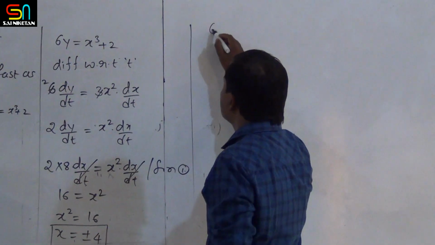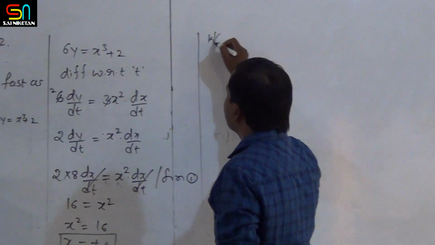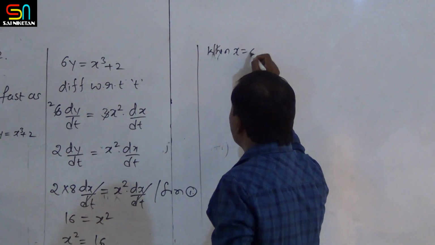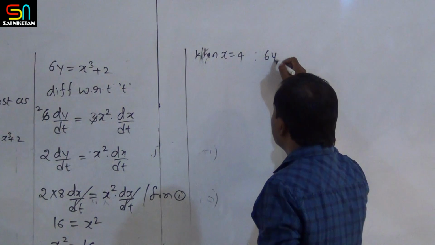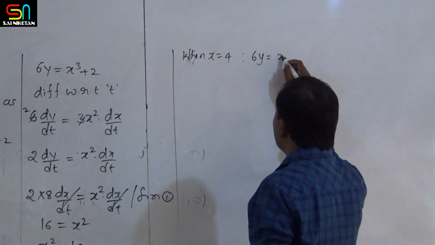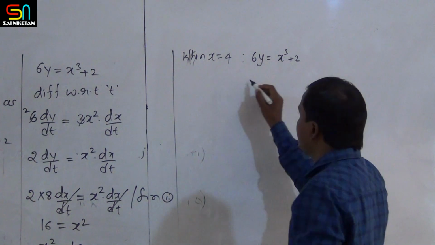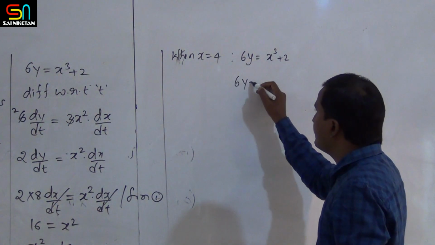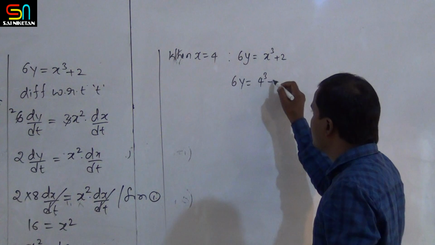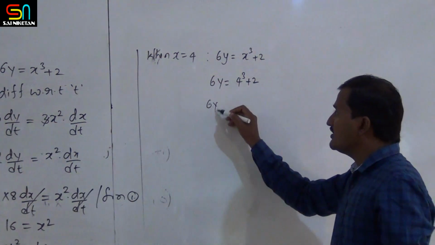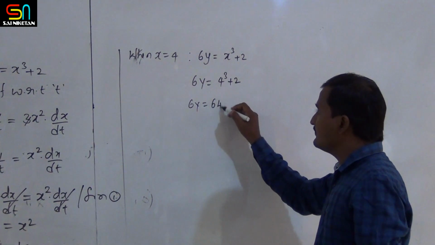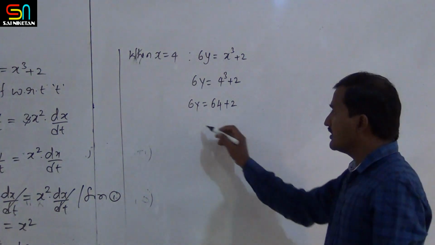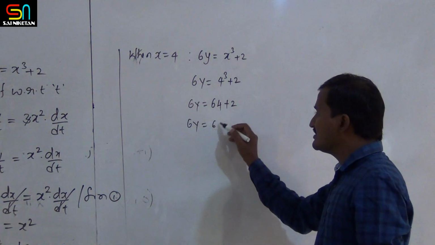So here I am writing when x is equal to 4. Clearly here it is 6y. 6y is equal to x cube plus 2. I will substitute the value of x equal to 4. So clearly 6y is equal to 4 cube plus 2. 6y is equal to 4 cube means 64, 64 plus 2. 6y is equal to how much? 66.